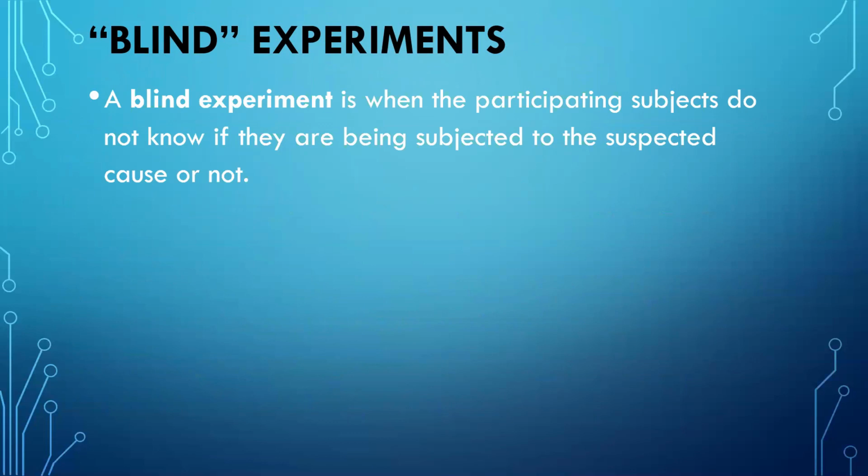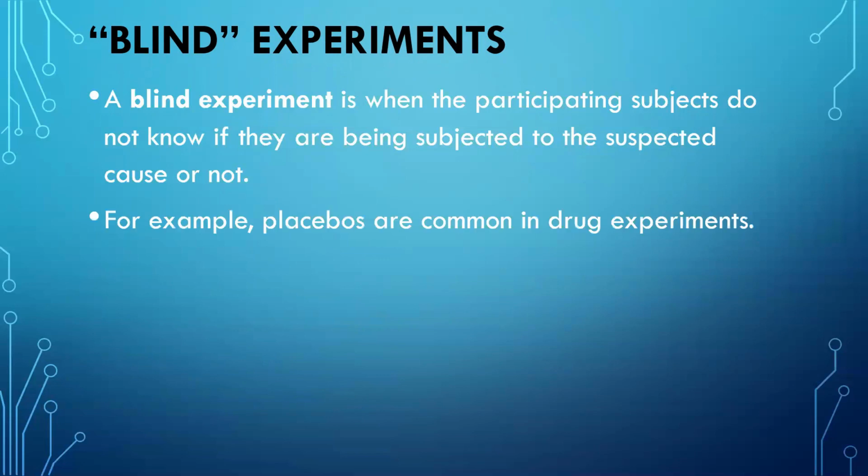So when you get to the human trial phase of drugs, for example, you want to set it up so that the people receiving the experimental drug and the people in the control group who are not receiving the experimental drug, neither group knows which group they're in. An individual would never know what group they're in. That's a blind experiment. So for example, we use placebos in this case. These are common in drug experiments.